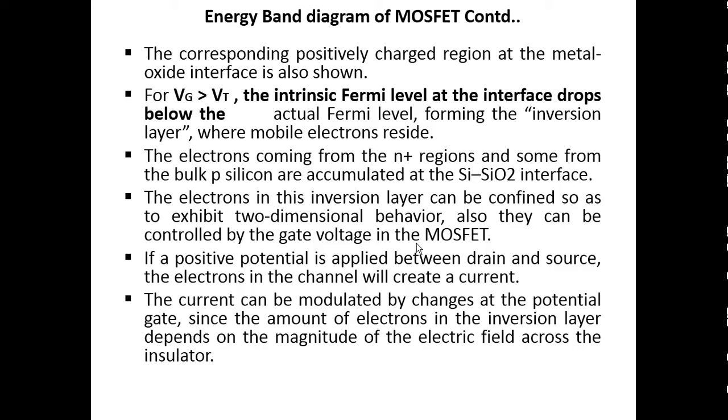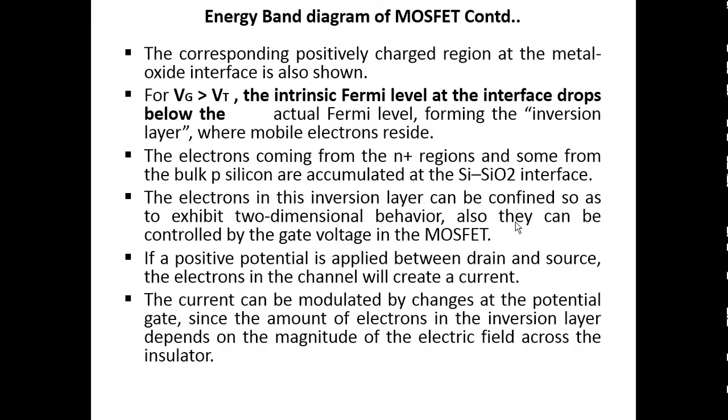Okay, the electrons in this inversion layer can be confined so as to exhibit a two-dimensional behavior. So this property makes the device a two-dimensional electron gas device. The electrons residing in the inversion layer can be confined into a two-dimensional electron motion.